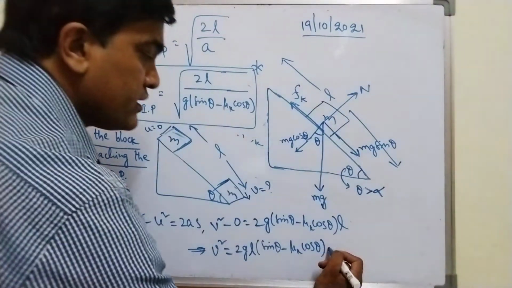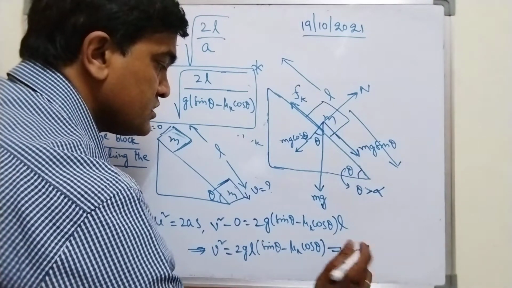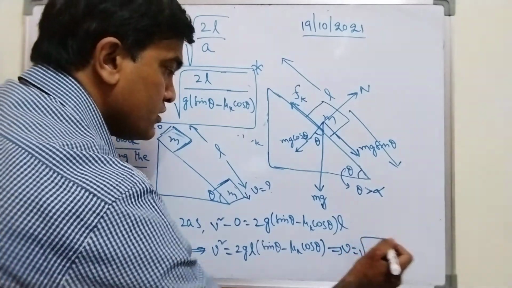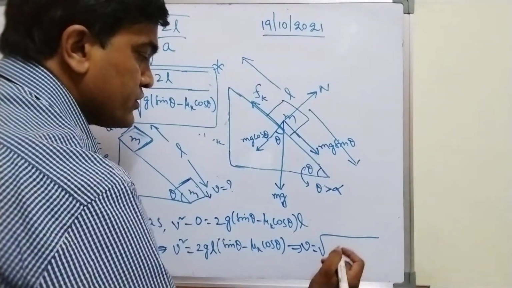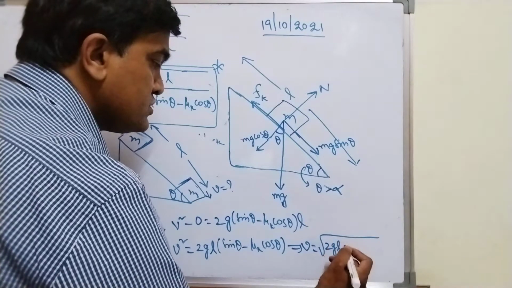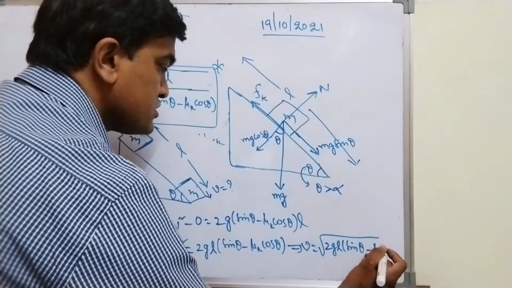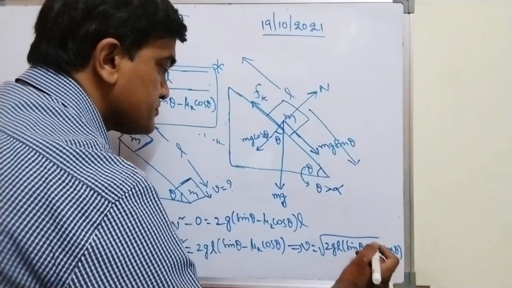From this you can write down the formula for velocity. v is equal to the square root of 2gL into sin theta minus mu k cos theta.